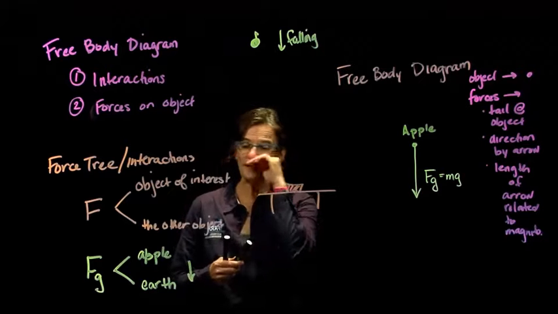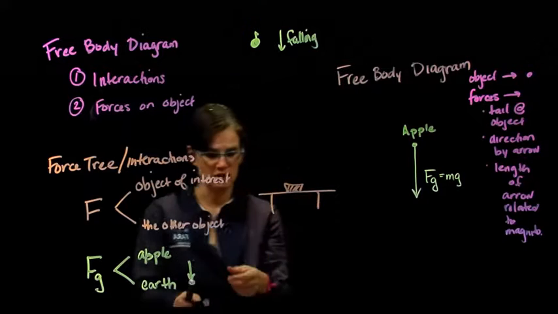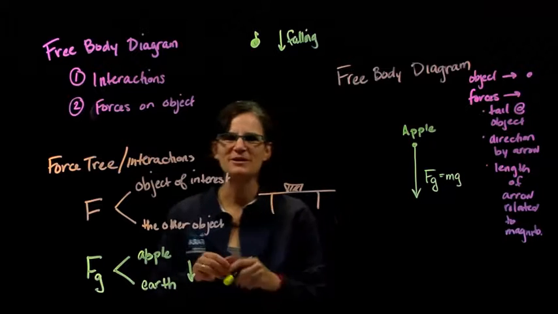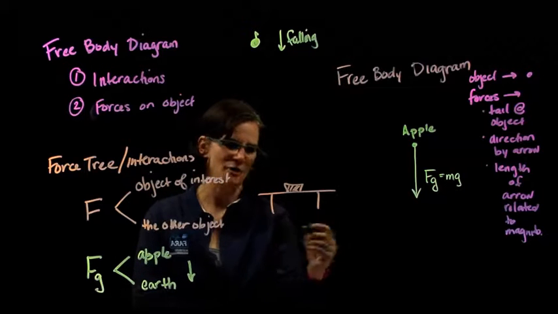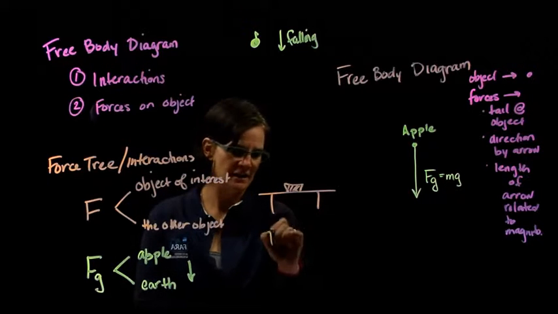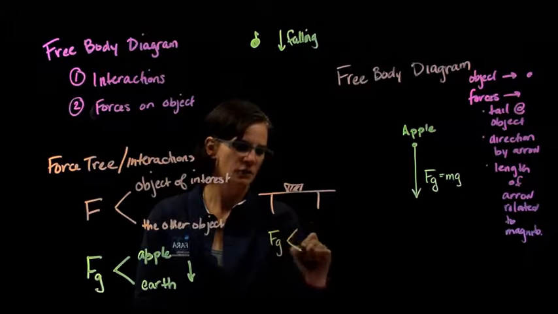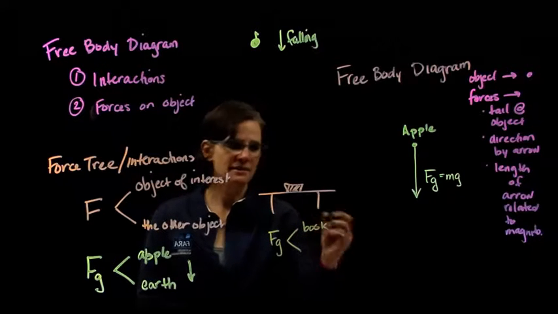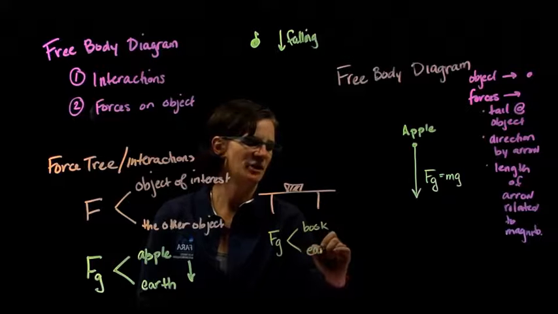All right, so the first thing we need to do is look at the interactions. What forces are acting on this book? And we talked about a whole bunch of different types of forces acting on the book. So we said that there's the force of gravity acting on the book, and that's going to be between the book and the earth. Good.